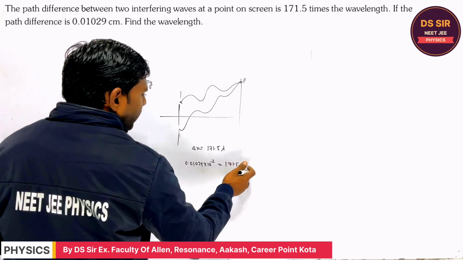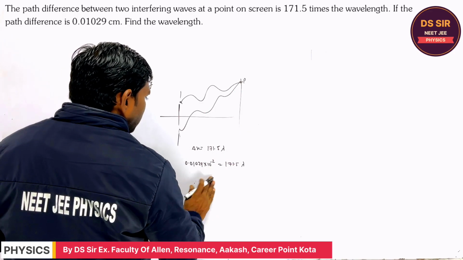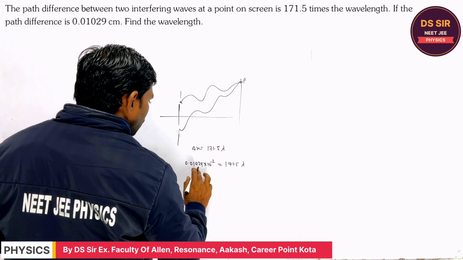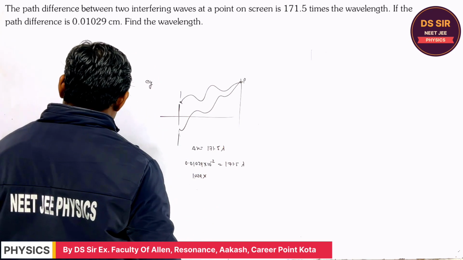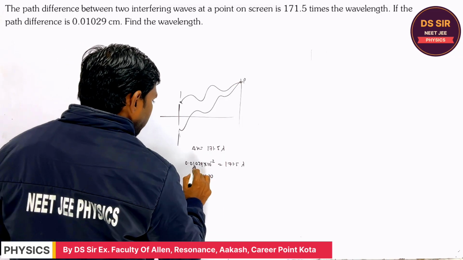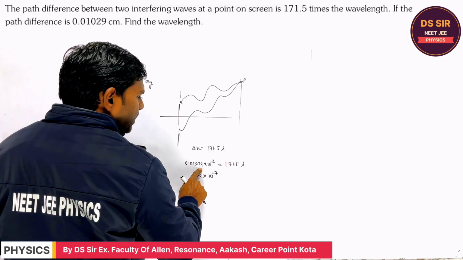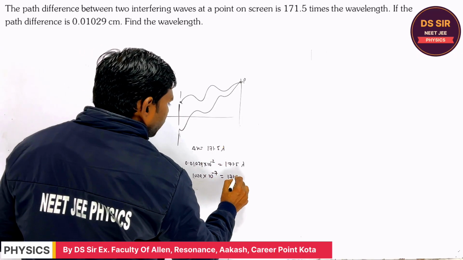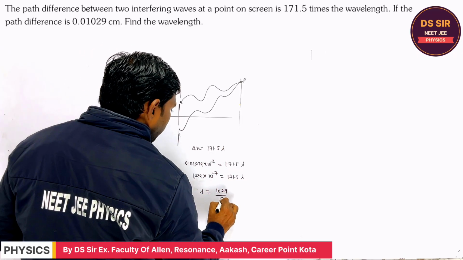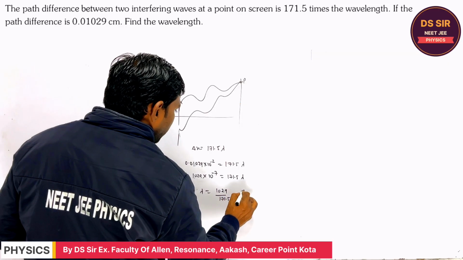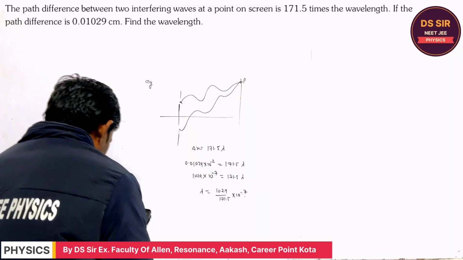So what wavelength are they asking? The wavelength may be written as lambda is equal to 1.029 into 10 to the power minus 2 upon 171.5. Is it clear or not, you tell? Right.